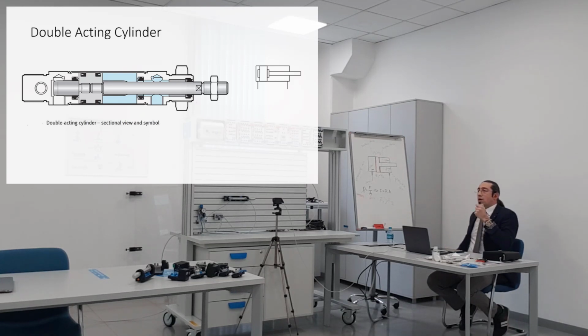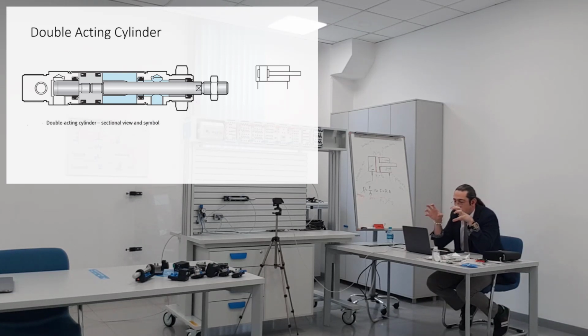This means when you apply pressured air on the left side, the cylinder piston moves forward. This is advance. And when you apply pressured air, for example 6 bar or 0.6 megapascal, on the right side, the cylinder piston moves backwards. This is retraction. In the center of your screen, you can see the real structure of a cylinder.